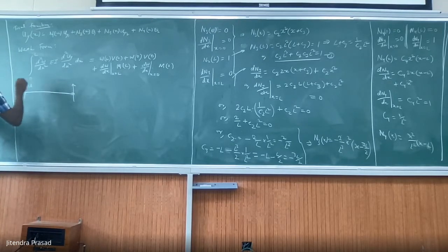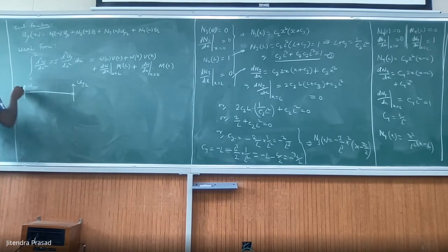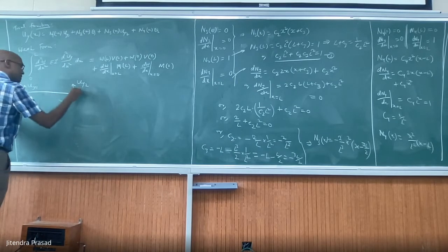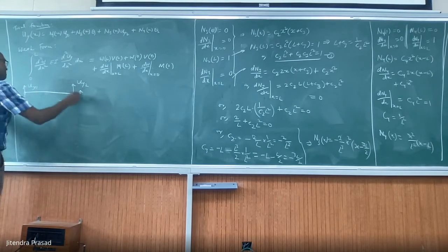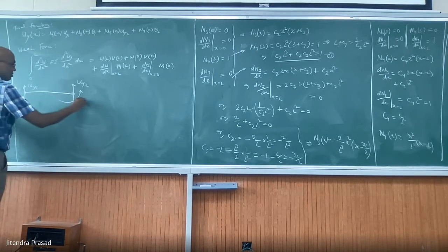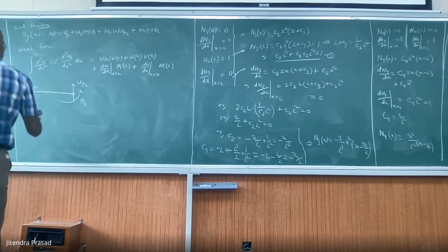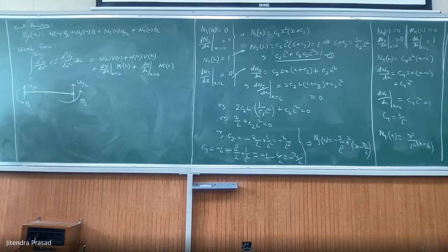This is uy1, uy2, and then you have anticlockwise here. Here also this is anticlockwise. This is theta1 you call it. This is theta2 you call it. So, this one is negative, right? This one will be negative, which is sign positive.